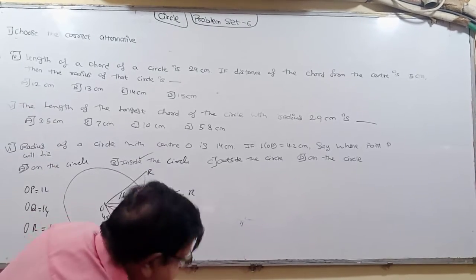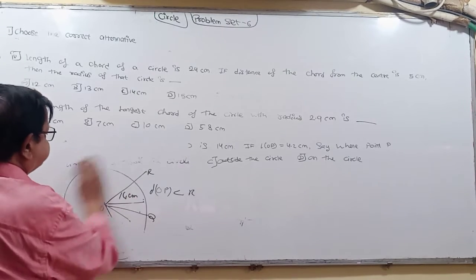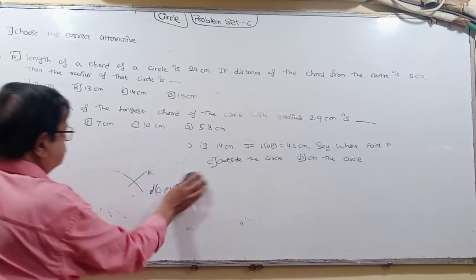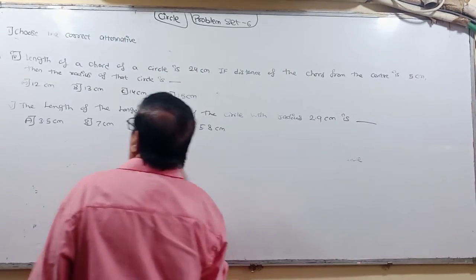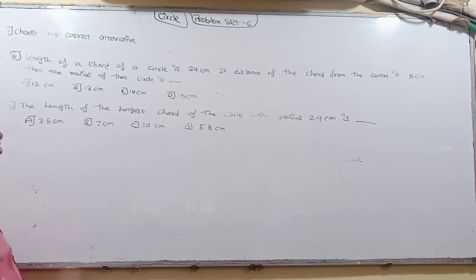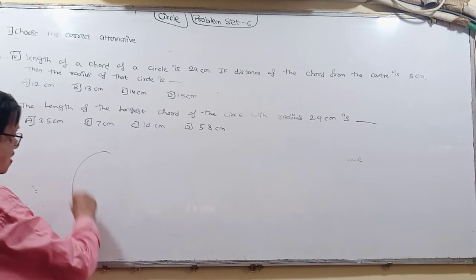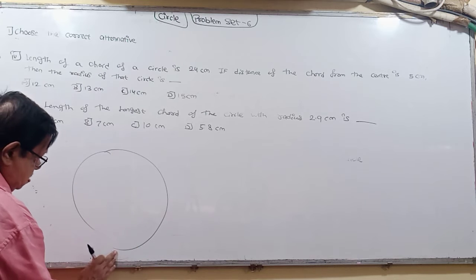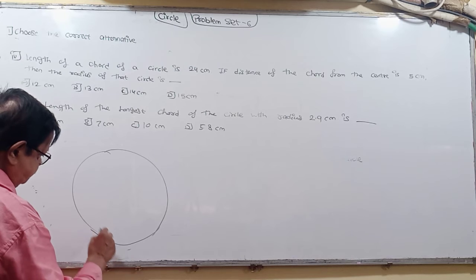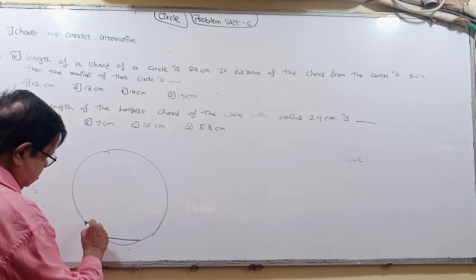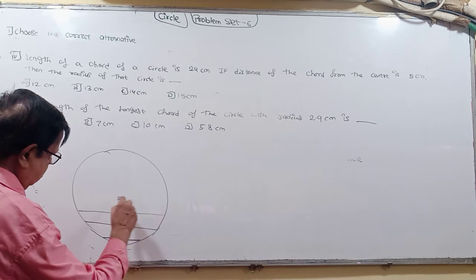Next we will go to: length of the largest chord of the circle with radius 2.9 centimeter is. देखो, in any circle, if I start drawing the chord, this is the chord, this is another chord, this is another chord.